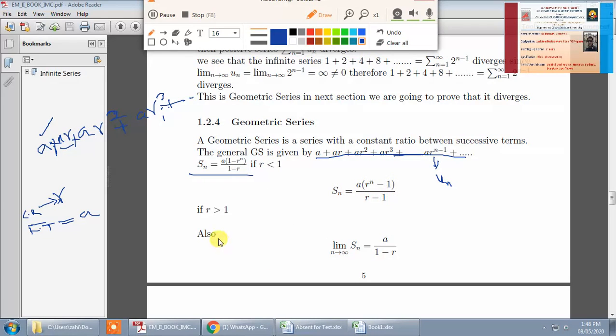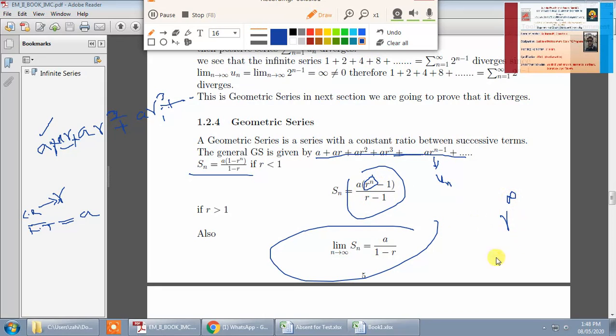Also, limit n tends to infinity of Sn. Now this is very important. The limit as n tends to infinity of this becomes a divided by 1 minus r. How? If n tends to infinity, we get r raised to infinity. Note that if r is greater than 0 and less than 1, it is a value like 0.1, 0.2, up to 0.9.